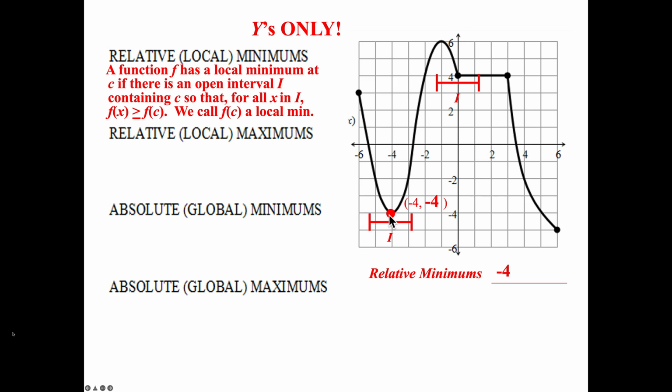Wait a minute. Let's go back to this one. Decreasing, change to increasing. Decreasing, change to constant. So it appears that the left side of the turning point must be decreasing and then change to something else. That will be a relative min.